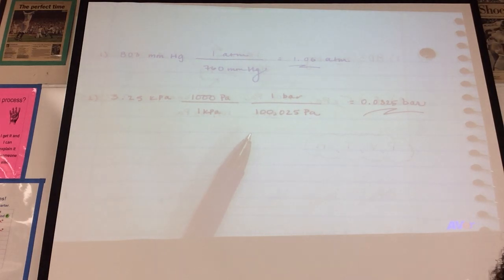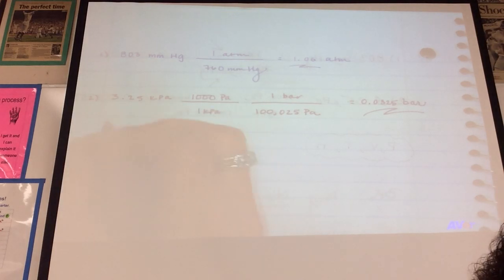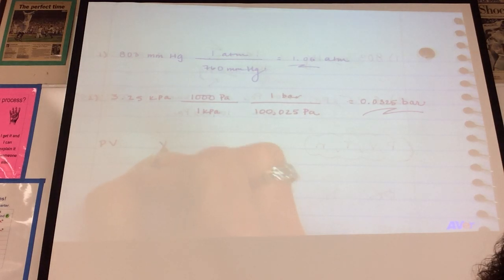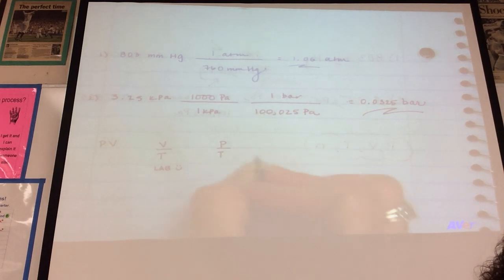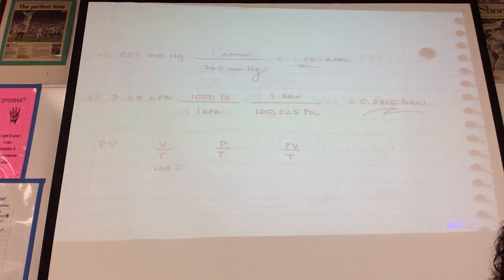So units of pressure, there's a lot of different units of pressure. Be familiar with them and make sure you can do very simple conversions. What we'll explore next time is the inverse relationship between pressure and volume, the direct relationship between volume and Kelvin temperature, and we have a very cool lab on that one, the direct relationship between pressure and temperature, and then we can put all of these variables together into a combined gas law, and that's what we'll get into in our next class.